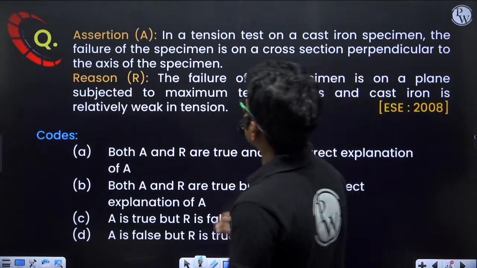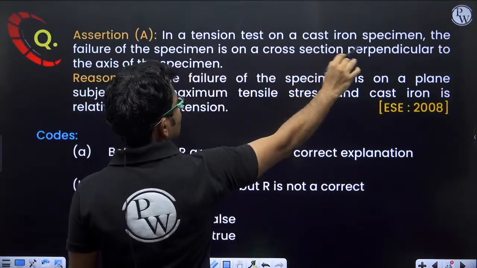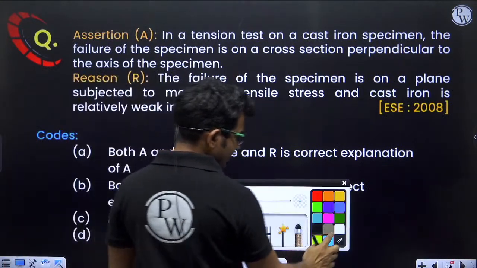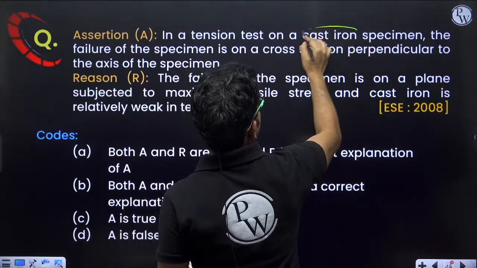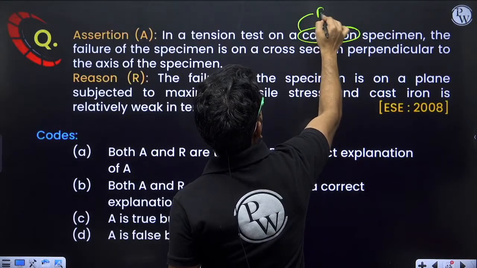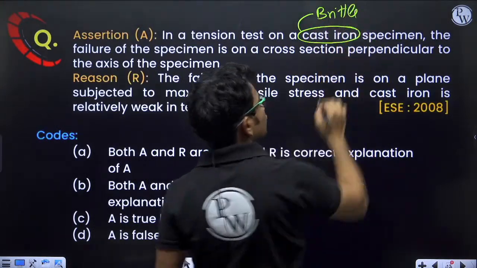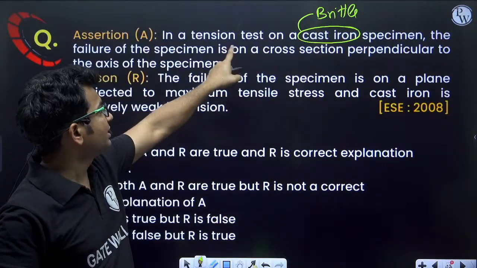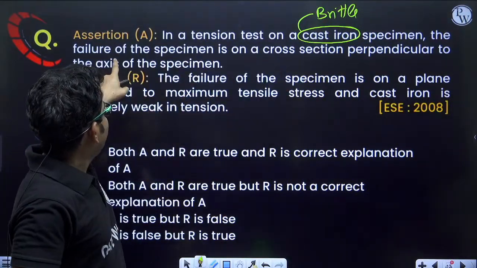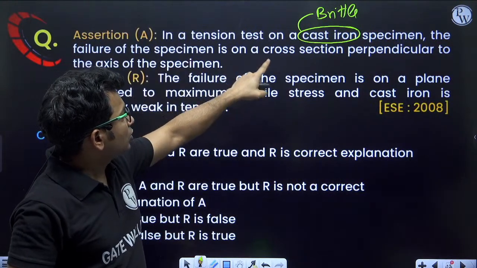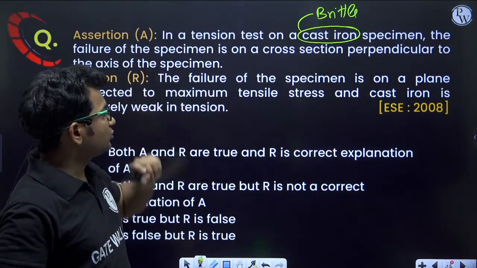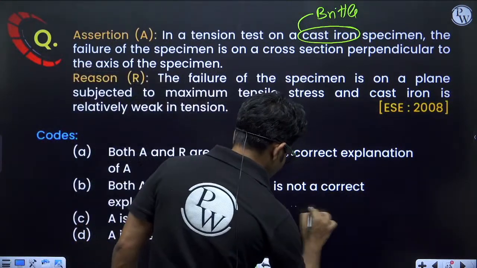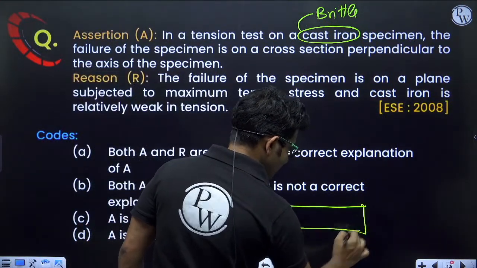Assertion: in a tension test on a cast iron specimen. Cast iron is which type of material? Cast iron is a brittle material. So this is the case of a brittle material subjected to tension loading, where the failure of the specimen is on a cross section perpendicular to the axis of the specimen.